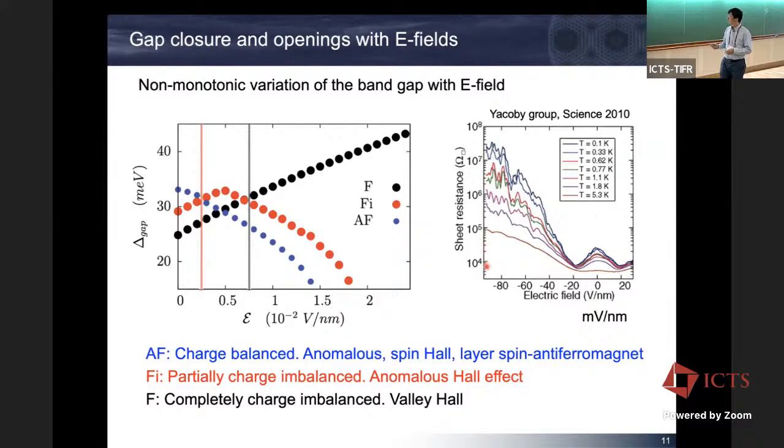Strictly speaking, it is the sheet resistivity decreasing and then increasing again when we apply an electric field. And roughly speaking, we could associate that behavior with this AF phase undergoing a complicated phase and then bouncing back when we apply a sufficiently strong electric field.